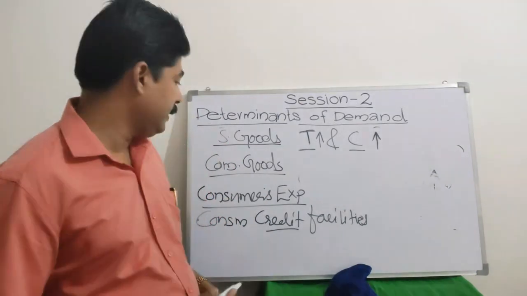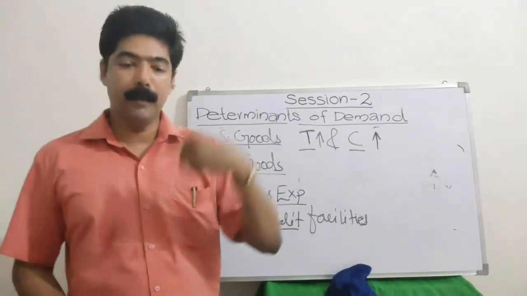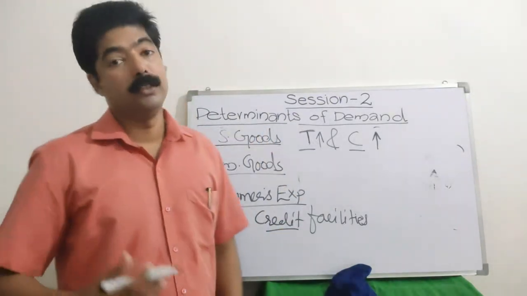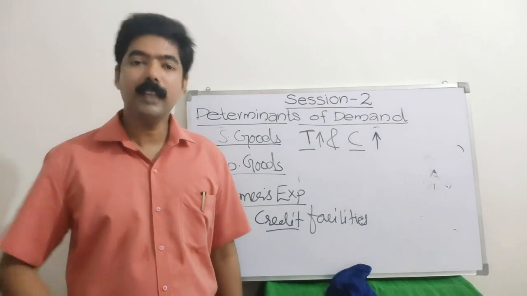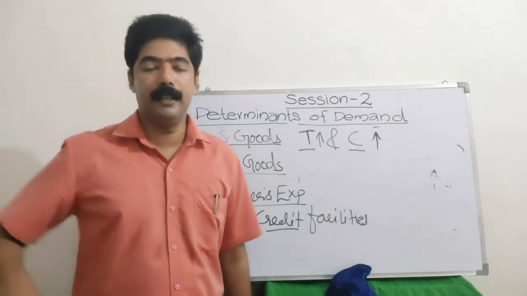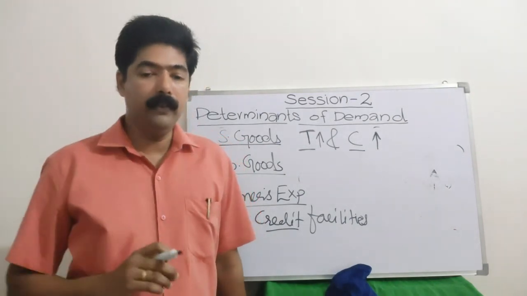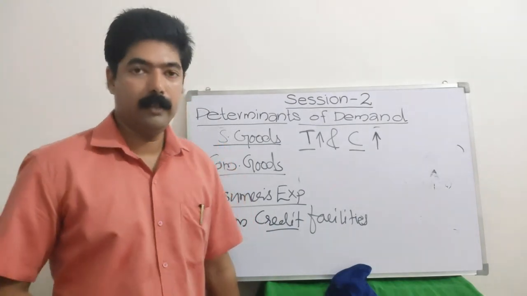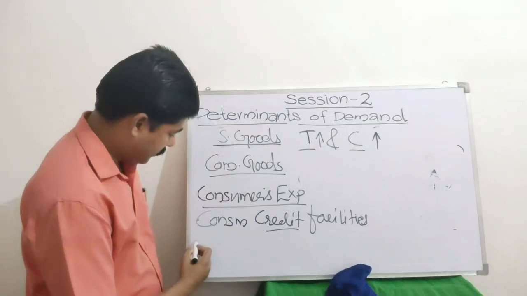So this credit helps us to increase the demand of the commodity. The more credit facilities, the more demand. The less credit facility, the less demand, because that is the level of income, the purchasing power of the consumer. Okay. Then we go to the next determinant.